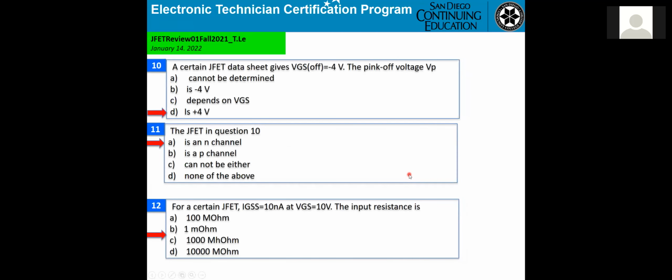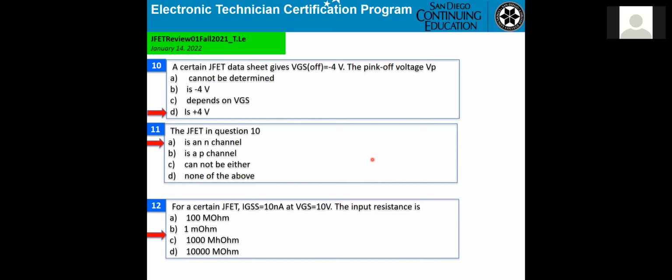VGS is on the x-axis and IDSS is on the y-axis. So if VGS is 0, then you can only go straight up on the y-axis, which would give you IDSS at max. That's what you guys have to memorize. What is the IDSS?